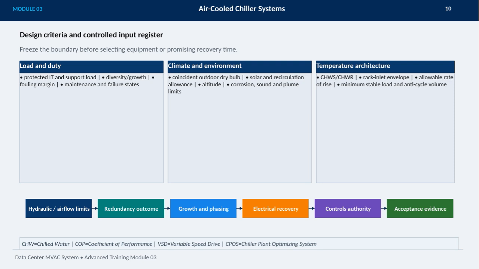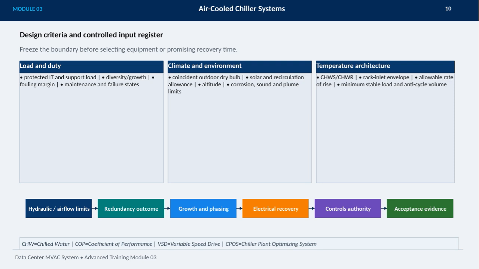Hydraulic and airflow limits must also be set to ensure system stability. We also evaluate redundancy outcomes, growth and phasing strategies, electrical recovery capabilities, and the level of control authority within the system. Finally, acceptance evidence ensures the system meets all these criteria.